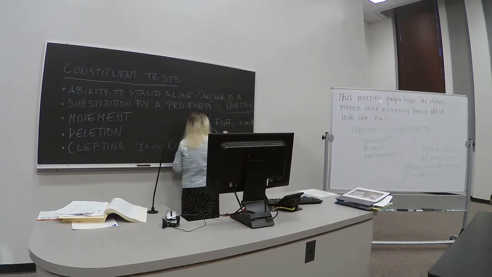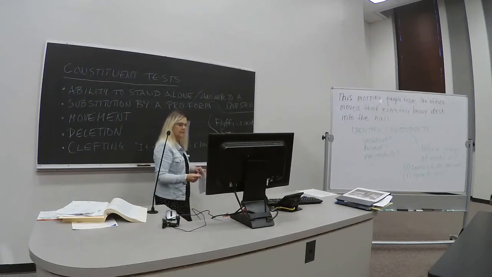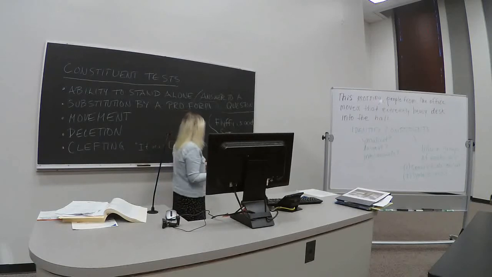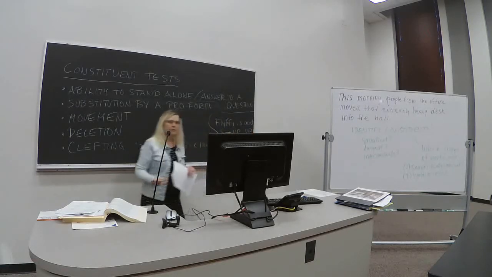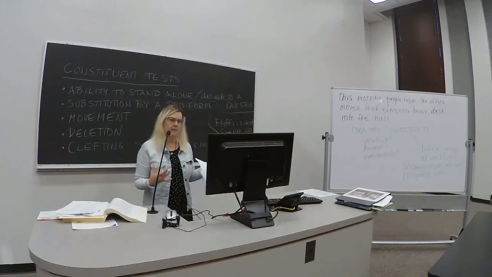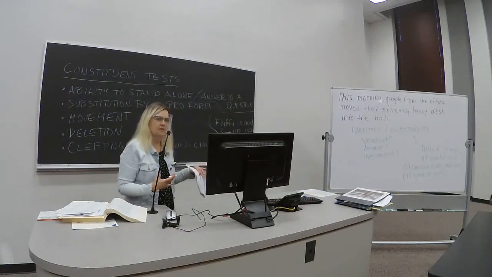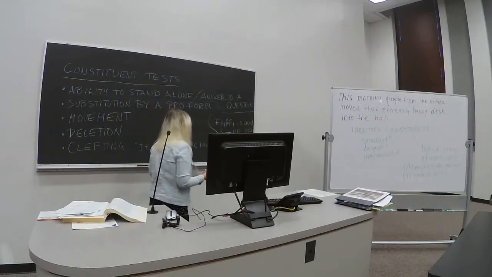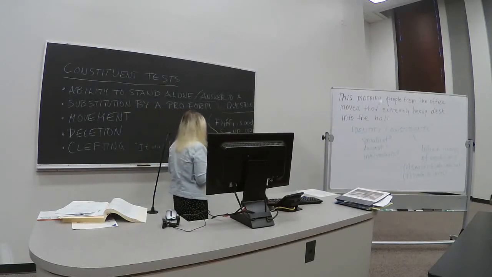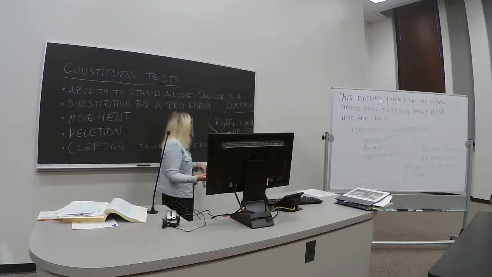So the first rule that we use is, of course, for every sentence, the sentence consists of a noun phrase and a verb phrase. This is the rule that describes all the sentences of English and most languages, probably. So the sentence consists of a noun phrase and a verb phrase.